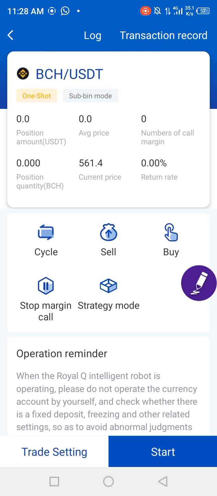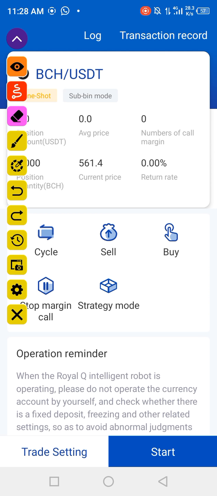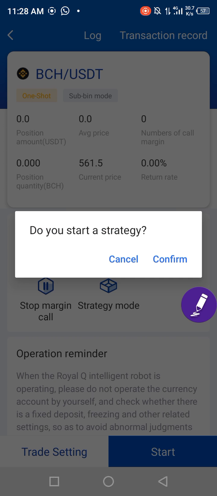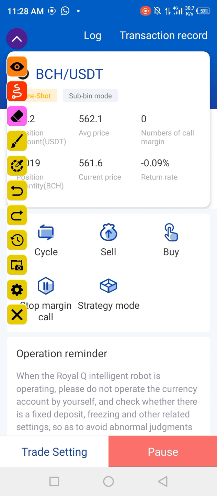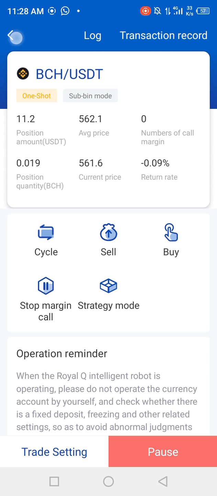Once you confirm, then you can now click on start. Let me click on start. You can now click on start. Once you click on start, you confirm. It will call for coin. Bam, it has called for coin. Okay, you can see it here.